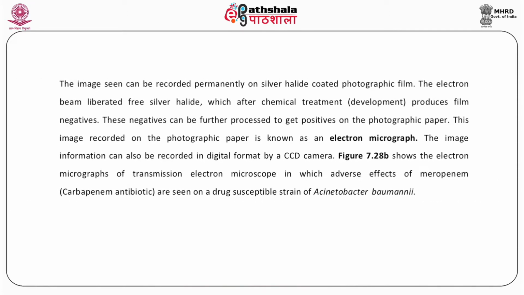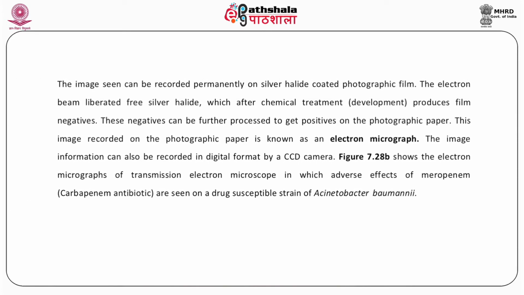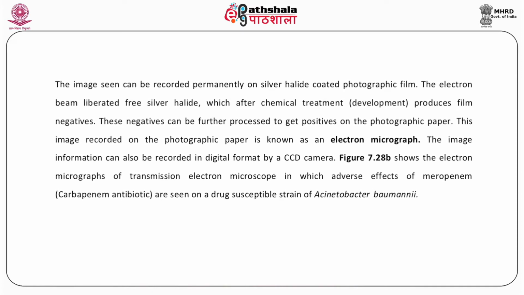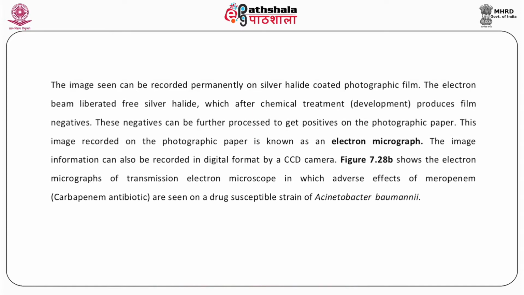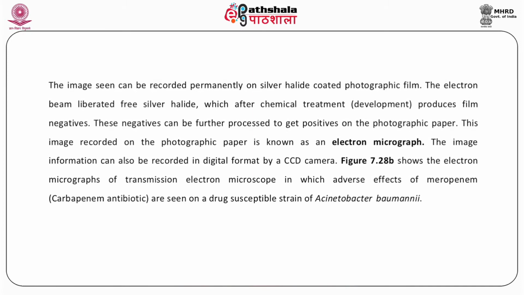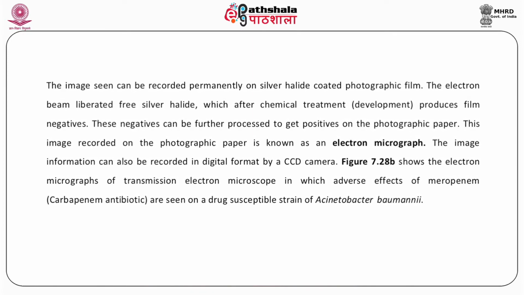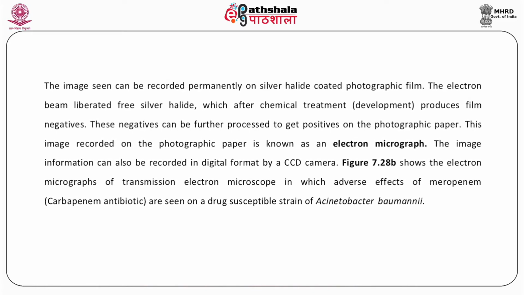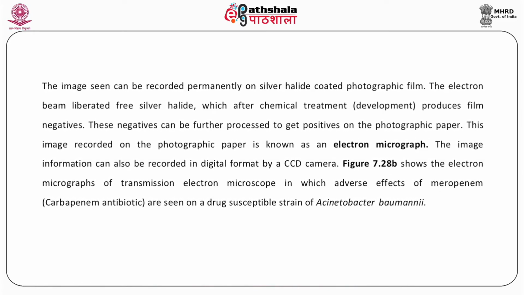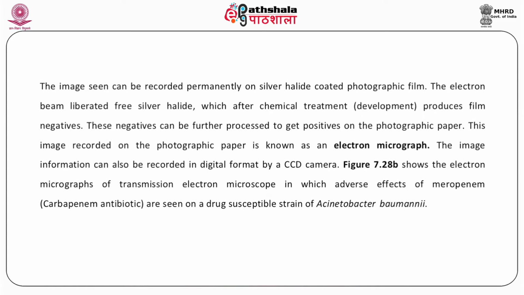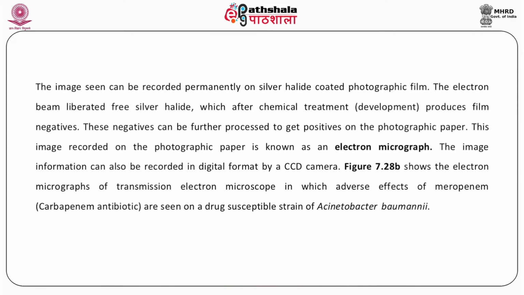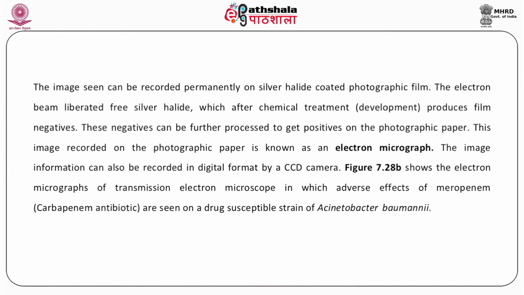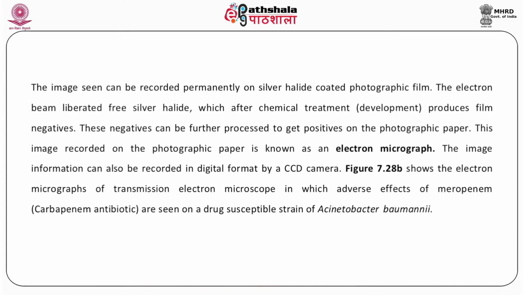The image can then be recorded permanently onto a silver halide coated photographic film, which after chemical treatment produces a negative. These negatives are further processed to get positives on photographic paper, known as the electron micrograph.